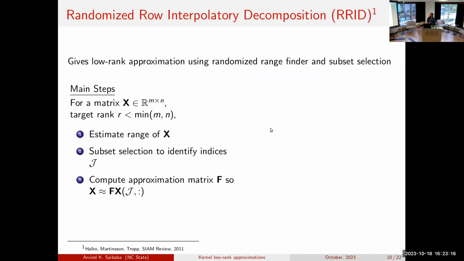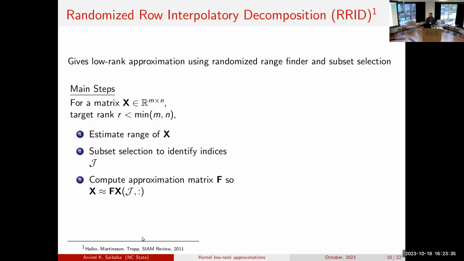Okay, now I'll talk a little bit about how I compute these tensor approximations when we're using Tucker. To do that, first we have to understand how to do it for a matrix. And I'm going to use randomized row interpolative decomposition. So I recommend this review paper by Halko and Martinsson.